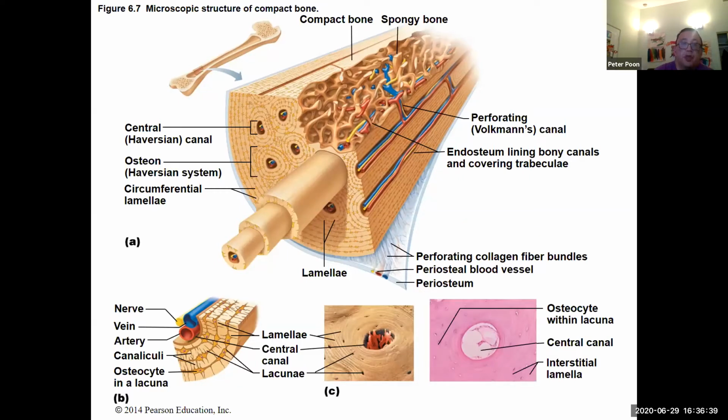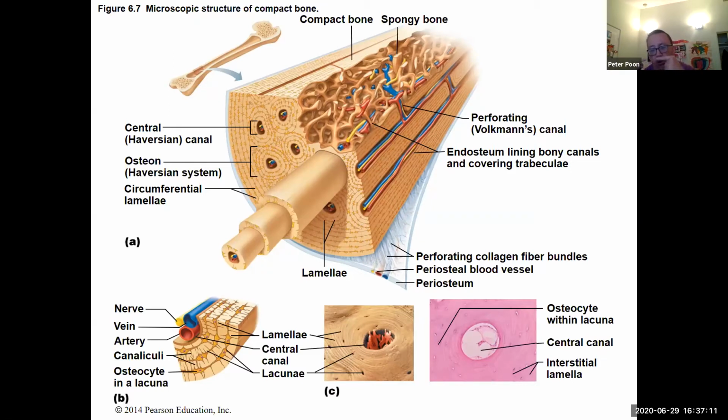Now let's take a closer look at the lamellae. The lamellae have little lacunae, little lakes. Inside the little lakes is an osteocyte. Two osteocytes have to be able to communicate with one another, so they literally dig a channel through the bone to the point where they touch.